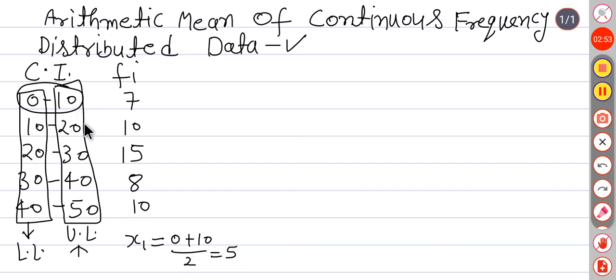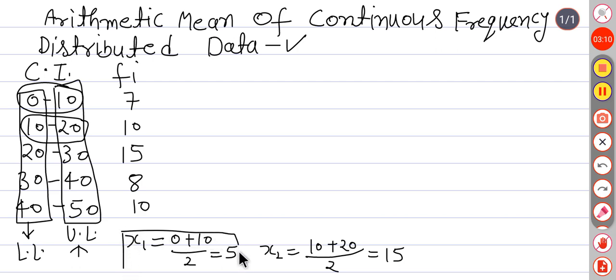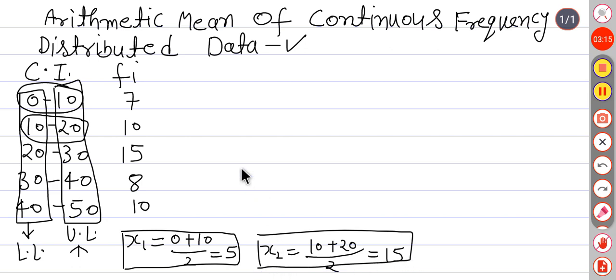For x2, 10 plus 20 upon 2 is equal to 15. So xi is upper limit plus lower limit upon 2. Here xi is 5, 15, 25, 35 and 45.